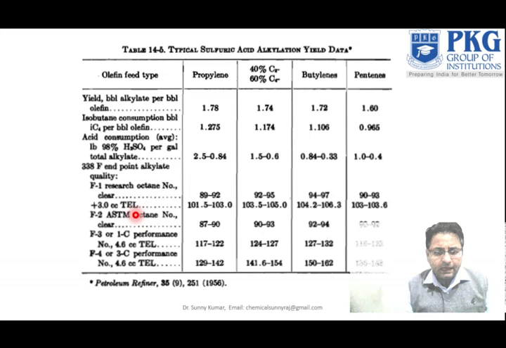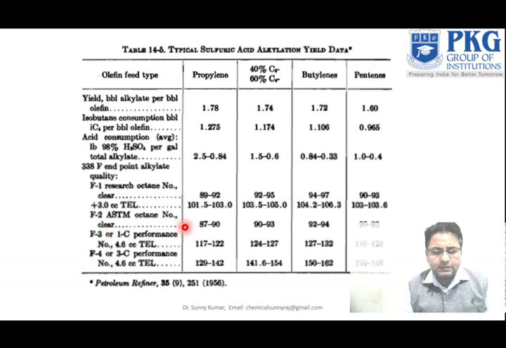The F1 with TEL, tetraethyl lead, is 103.5 to 105, and for the butylene case it is 104.2 to 106.3, and for pentene it is 103 to 103.6.